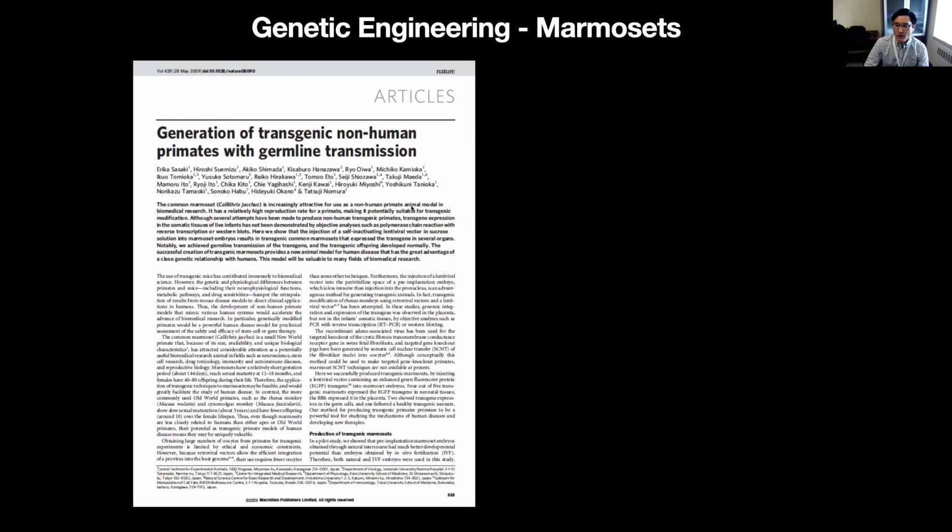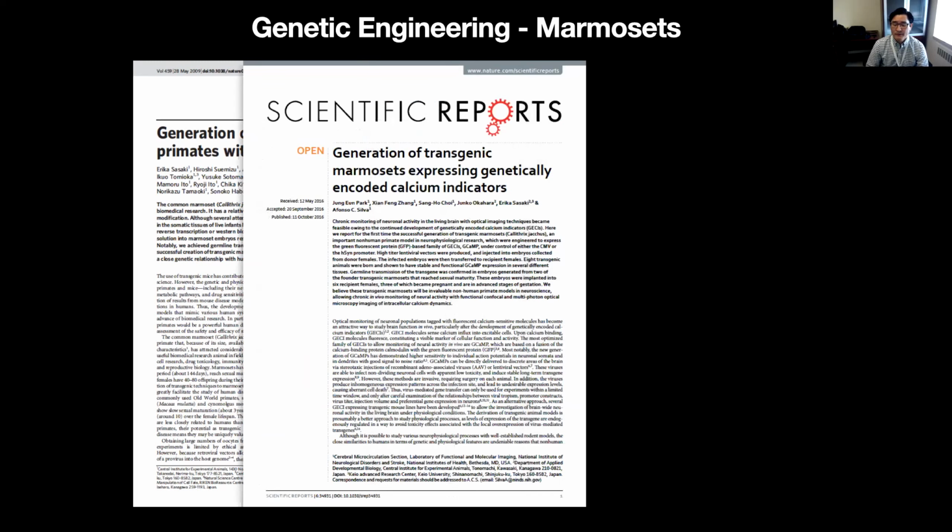And this dramatically changed the way people viewed the marmoset model, from a really nice model of physiology and behavior to potentially understanding disease states using genetics. Since this time, there have been a lot of other papers.